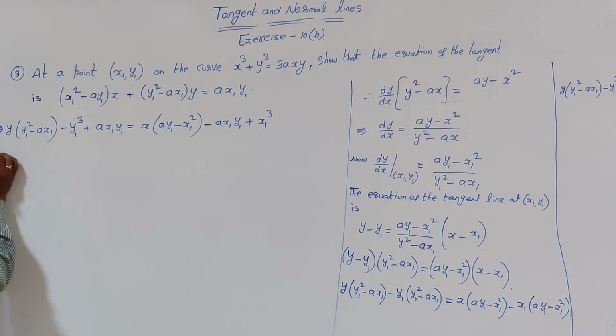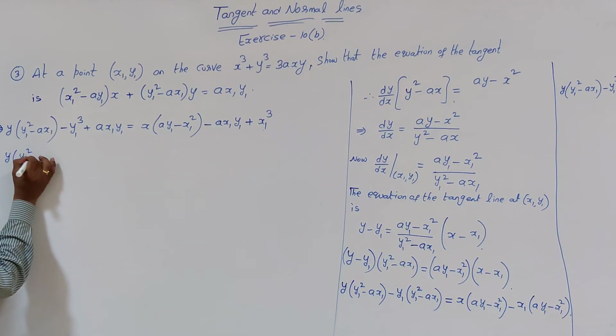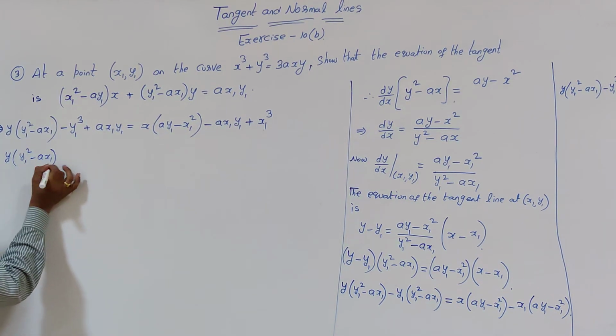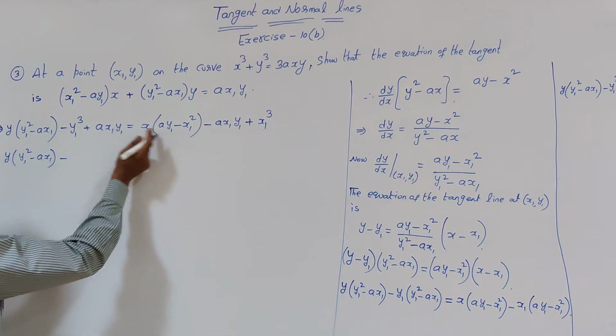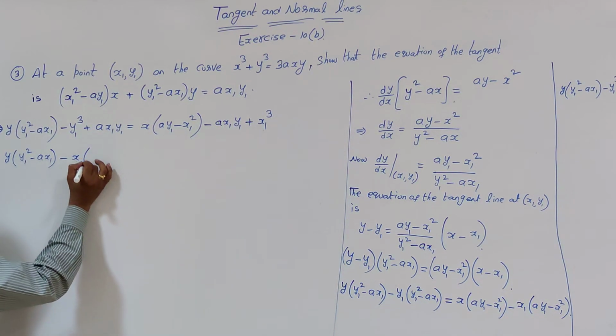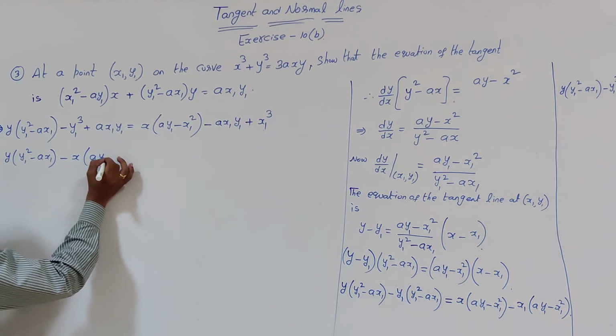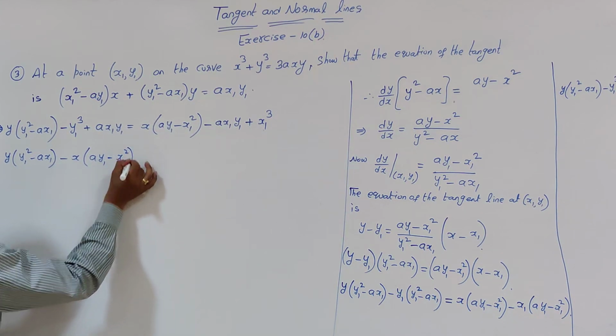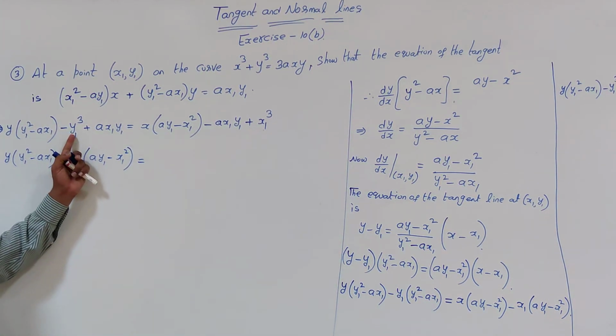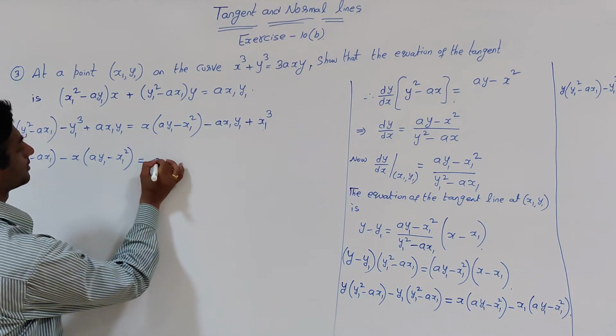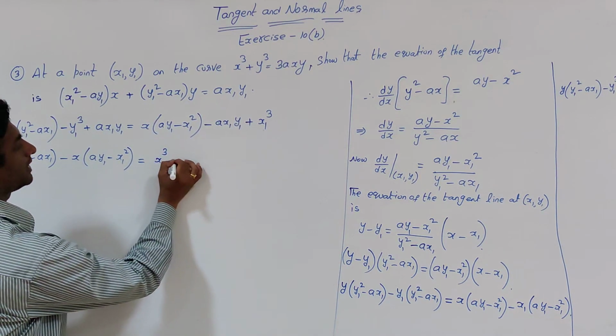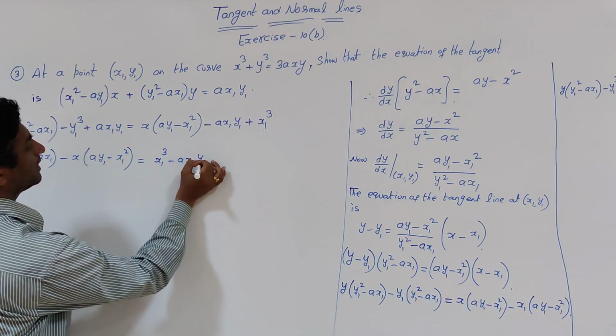So y times y1 square minus ax1, minus, bring this to this side, minus x times a y1 minus x1 square is equal to x1 cube on the right hand side minus ax1 y1.